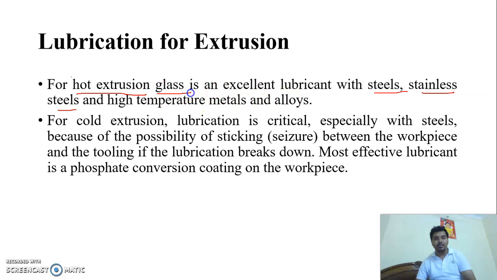And for cold extrusion, lubrication is critical, especially with steel, because of the possibility of sticking between the workpiece and the tooling if lubrication breaks down. The most effective lubrication is phosphate conversion coating on the workpiece.